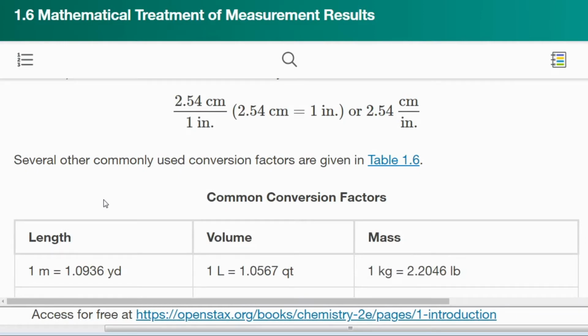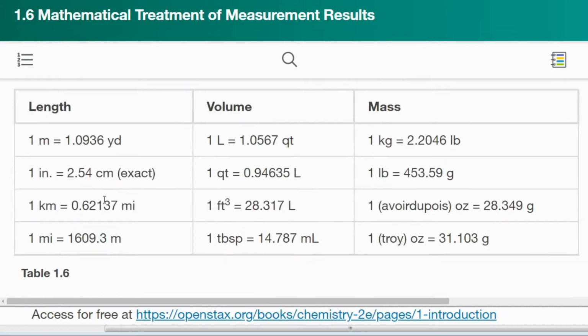Several other commonly used conversion factors are given in table 1.6. So 1 meter equals 1.0936 yards. 1 inch equals 2.54 centimeters, and that's exact, which is great. And then we have these others.